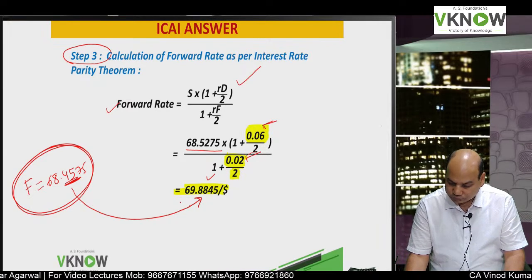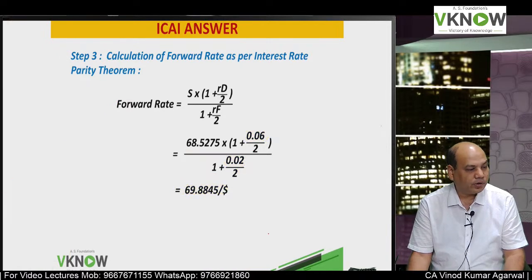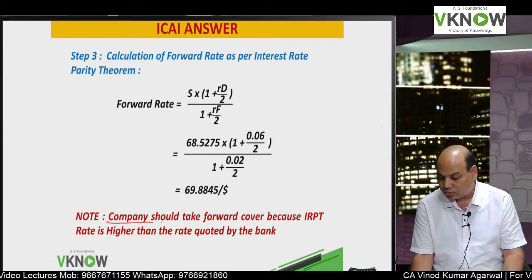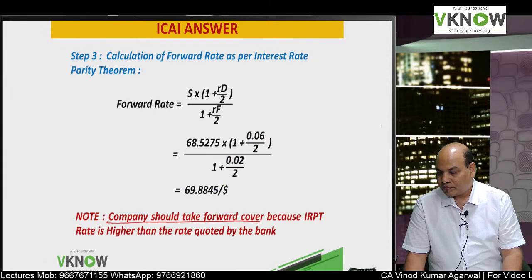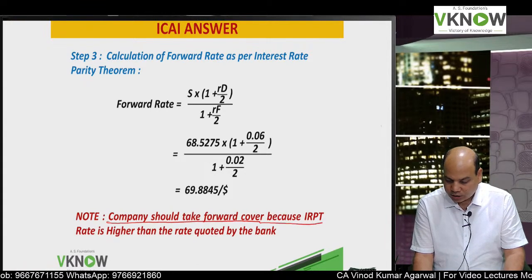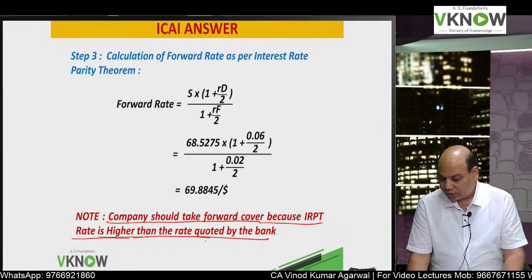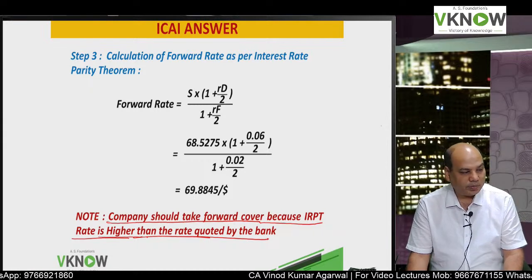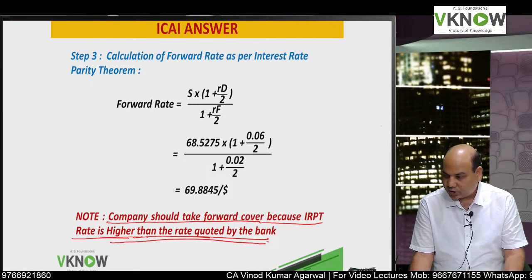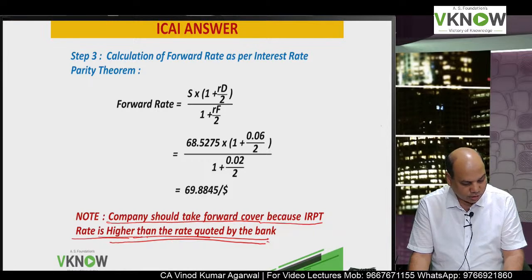So write down the conclusion for the first part. We should go with the forward contract. Please write down: company should take forward cover because the IRPT rate is higher than the rate quoted by the bank.